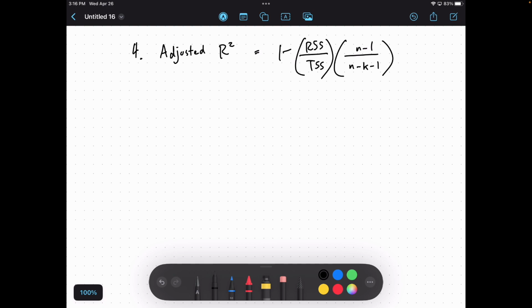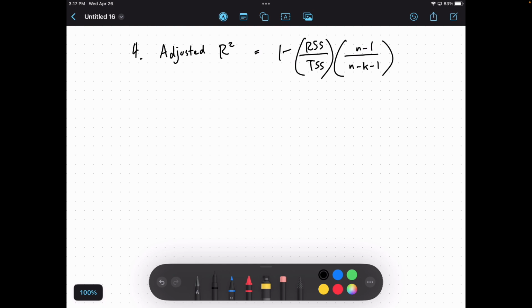This is essentially our regular R squared, but if I try to increase the model complexity by throwing more variables at it, it will be penalized. So there's this trade-off between trying to get this term as good as possible versus including more variables to do so.